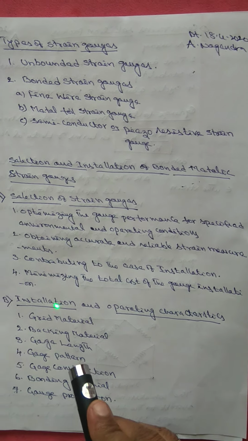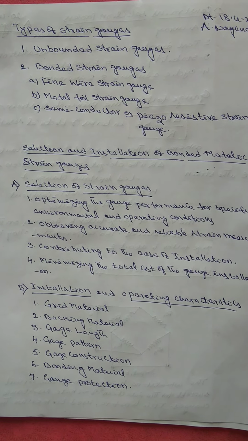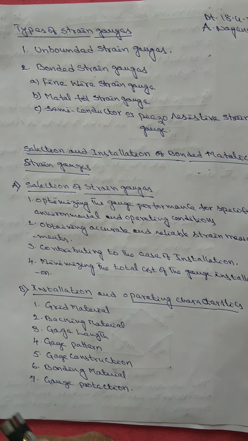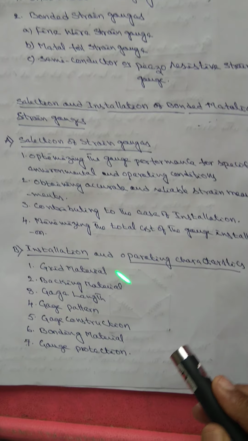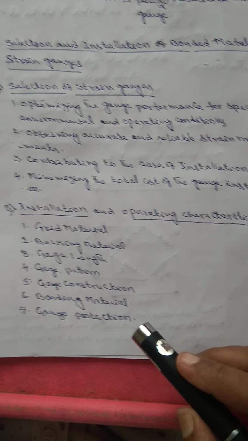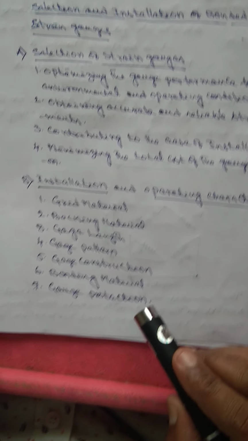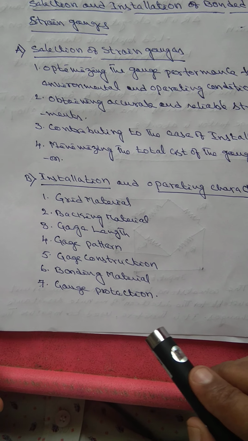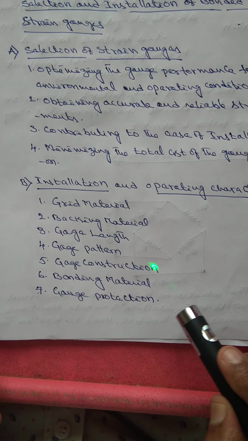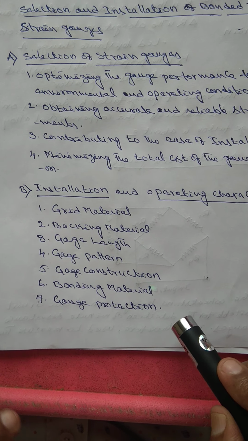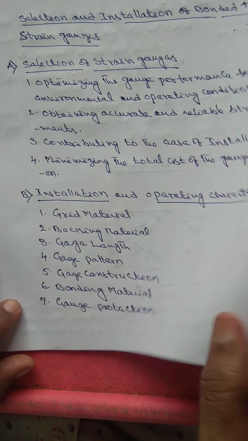The second point is installation and operating characteristics. We listed about seven points. First is grid material, second is backing material, third is gauge length, fourth is gauge pattern, fifth is gauge construction, sixth is bonding material, and seventh is gauge protection.